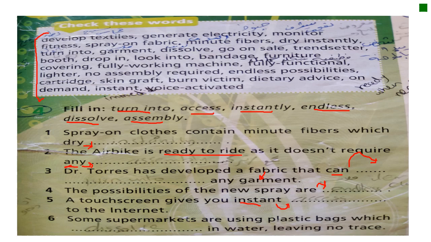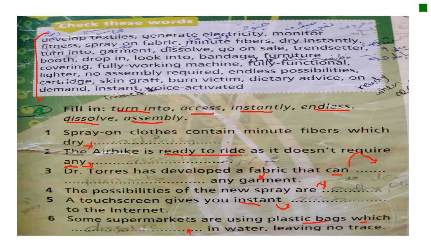6. Some supermarkets are using plastic bags which in water, leaving no trace. These plastic bags, in water, we need a verb. And notice this is something that is true, so we need to use present simple tense. Plastic bags, plural, so we need the verb without any addition.